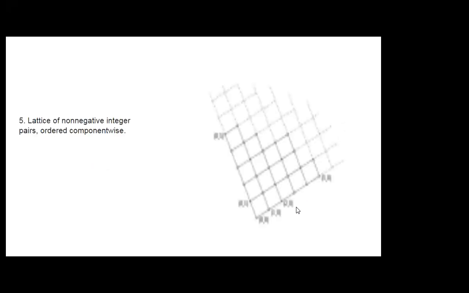Okay. Now, the next is the lattice of non-negative integer pairs ordered componentwise. Okay. I cannot see this example. Non-negative integer pairs will again contain pairs like 1, 1, 2, 2, 3, 3, like that. Now we can see here, it is considering the points only.